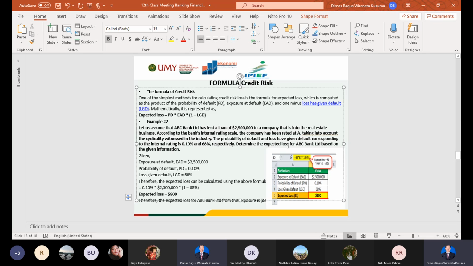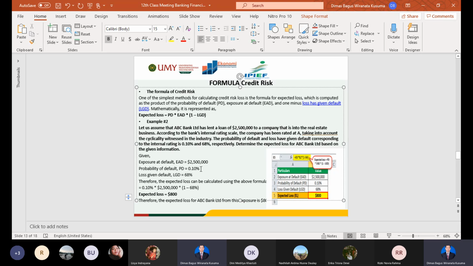And the expected loss for EBC Bank Ltd based on the given information. Okay, here is the exposure at default, EAD 2.5 million, probability of default, PD 0.1%. Probability of default here ranges from 0 to 1. So the higher the probability, the higher the chance that this institution will go bankrupt or default.